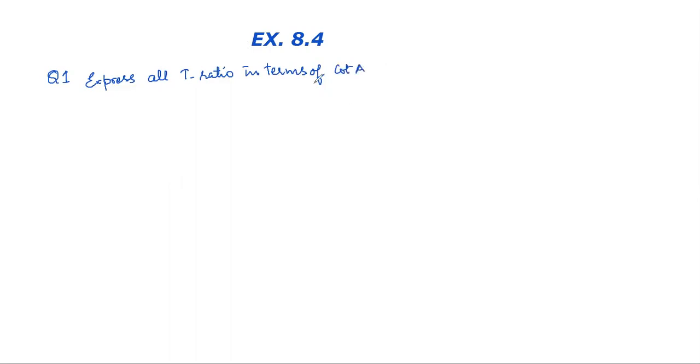That means, children, let's understand the meaning of this question so that we are able to attempt it. Express all trigonometric ratios in terms of cot A means you need to express all the trigonometric ratios in terms of cot A. That means we need to find out the relation between sine A and cot A. So that means sine A is equal to how many cot A?